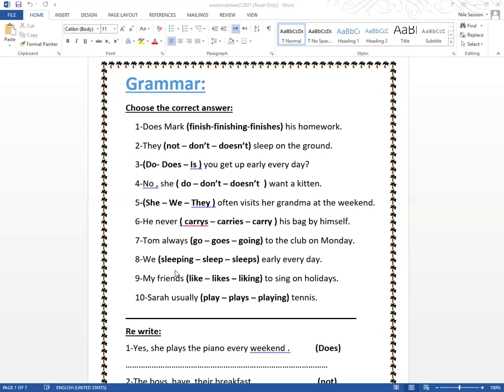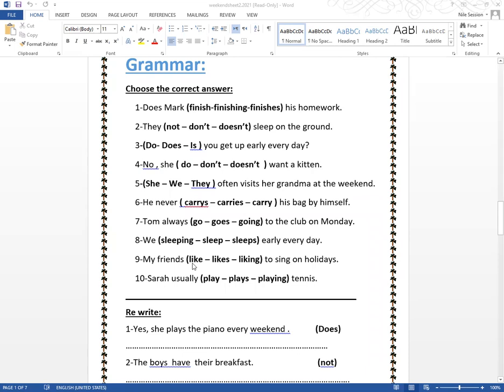Number 8. We, from the naughty students, so I will put the verb as it is without any additions. We sleep early every day. My friends equals they. So they will take the verb as it is without any additions. My friends like to sing on holidays. 10.